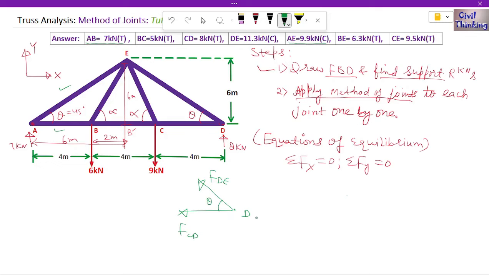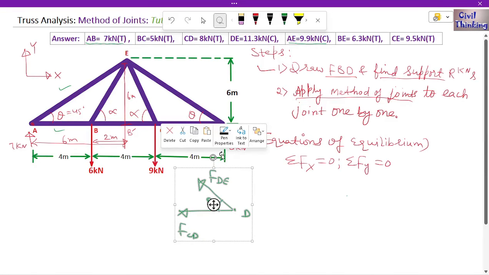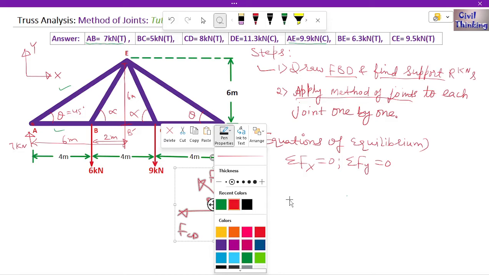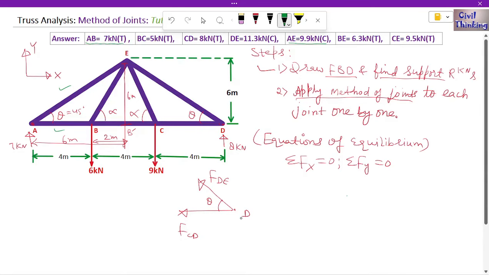Now when I draw the axes here, this is going to be y, this is going to be x. So let us apply these equations.